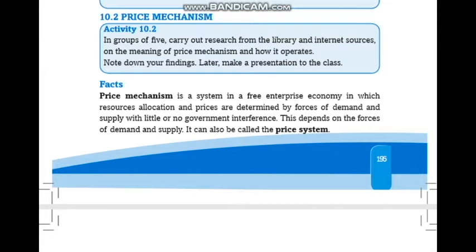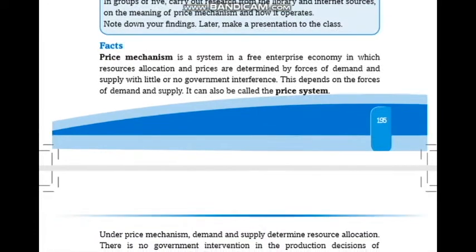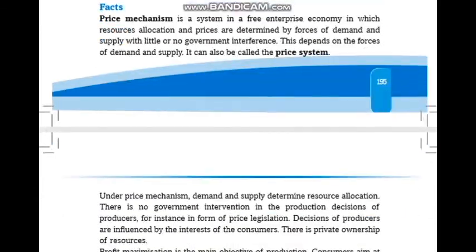Price mechanism. Now in a group of 5 again, carry out research from the library and internet sources on the meaning of price mechanism and how it operates. Note down your findings, later make a presentation to the class or to your friends. In fact, when you come out from research, price mechanism is a system in a free enterprise economy in which resource allocation and prices are determined by forces of demand and supply with little or no government interference.